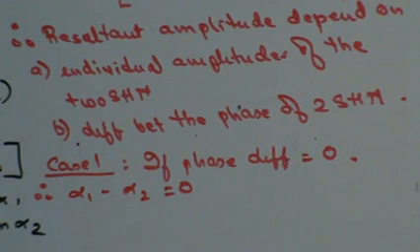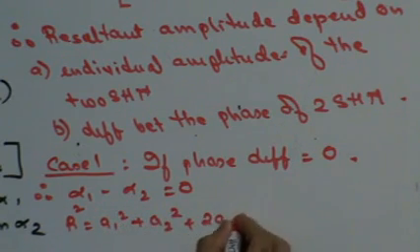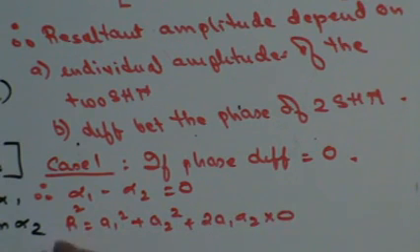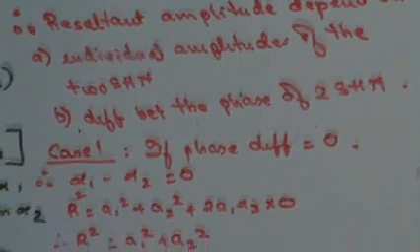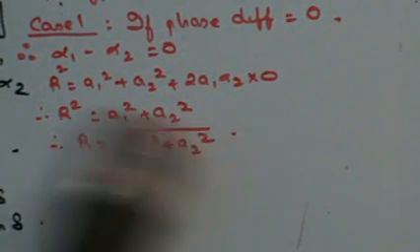If alpha 1 minus alpha 2 is 0, then R square will be nothing but A1 square plus A2 square plus 2 A1 A2 into 0. Therefore I can say R square will be A1 square plus A2 square. Therefore R will be square root of A1 square plus A2 square.